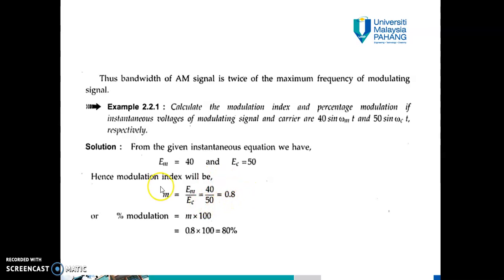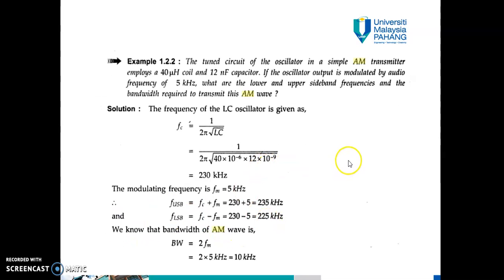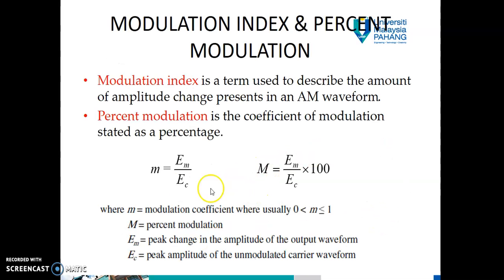If in percentage of modulation, you multiply by 100 and get 80%. Now you can see this formula, quite direct, just insert the formula. This one is where we give the LC oscillator in the question. You find it using the formula that you already learned before. So F upper sideband, it's actually a direct formula.